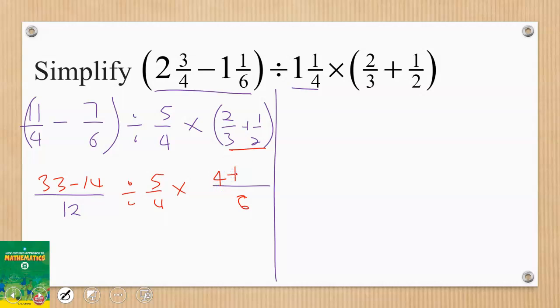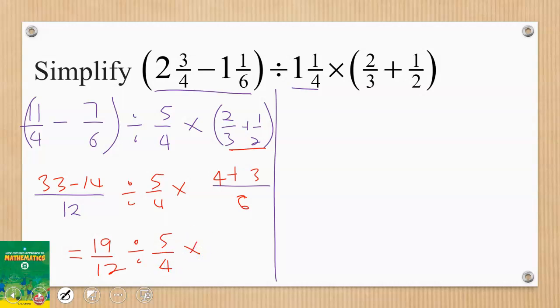Plus 2 can divide 6 as 3 times 1 is 3. So when I go down a bit, I can have 33 minus 14 will be 19. So 19 over 12 divided by 5 on 4 times.